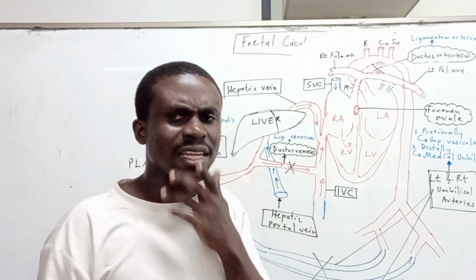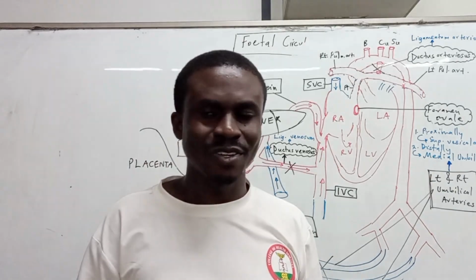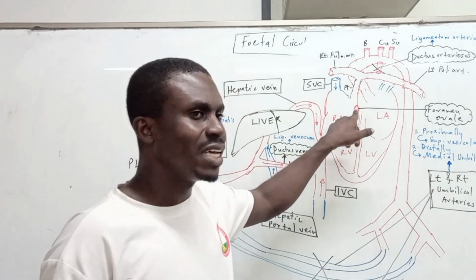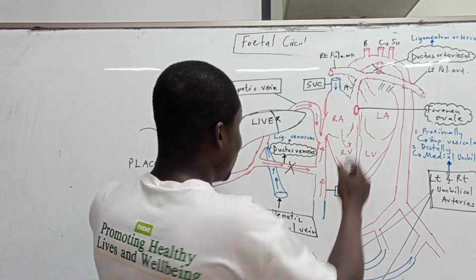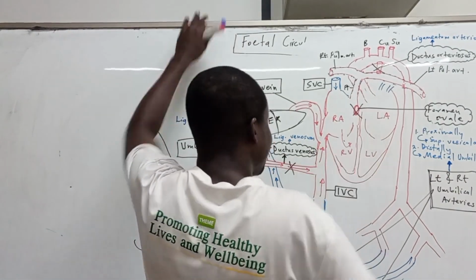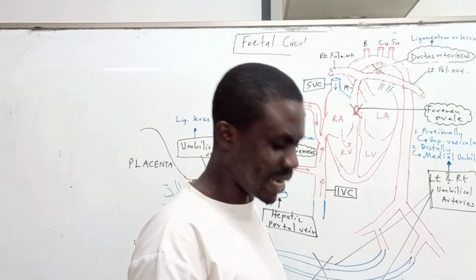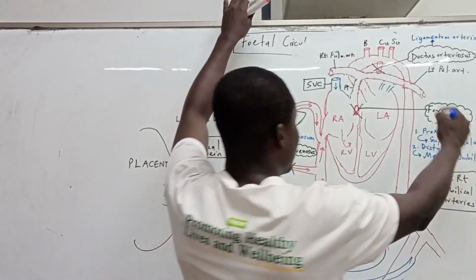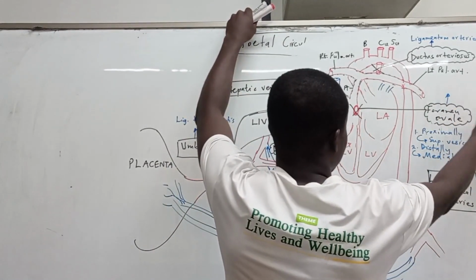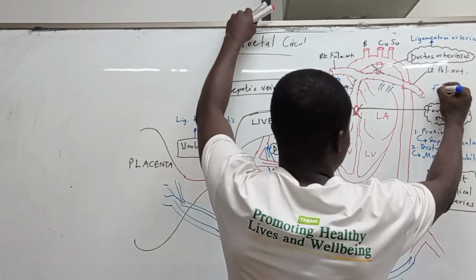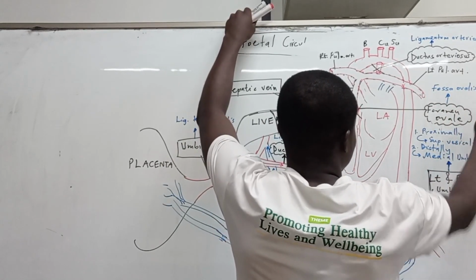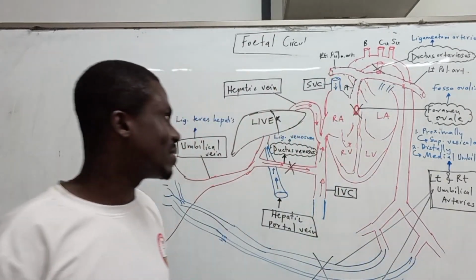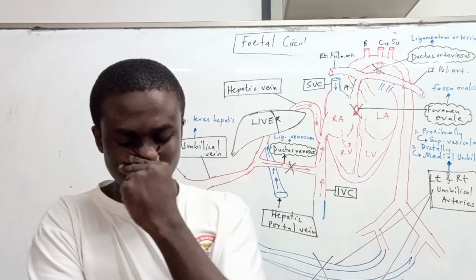Right now the lungs are functional, so we don't need any shunt system. That is why the foramen ovale will get obliterated, and its remnant will become a depression we call the fossa ovalis.